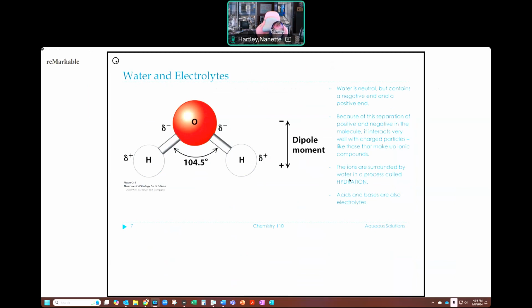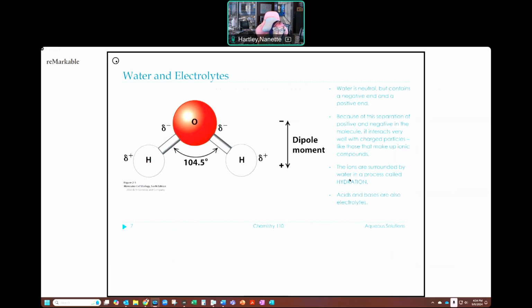It has what we call a partial dipole. So there is a net negative end on this molecule and a net positive end on this molecule. So there is a charge separation, a permanent one, where we have negative parts of this molecule and positive parts of this molecule. It's not a real charge separation because it's not a full separation of charge.